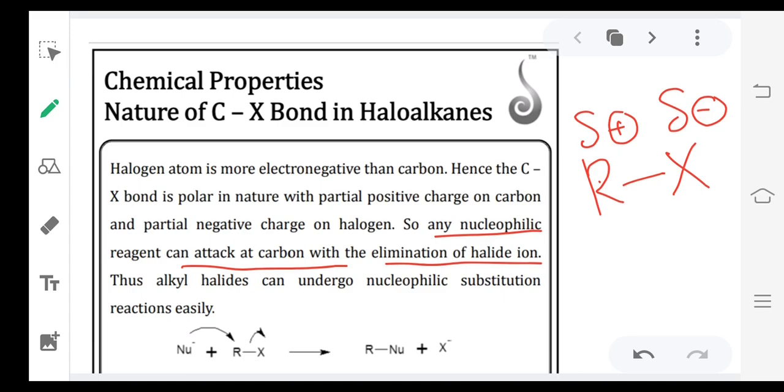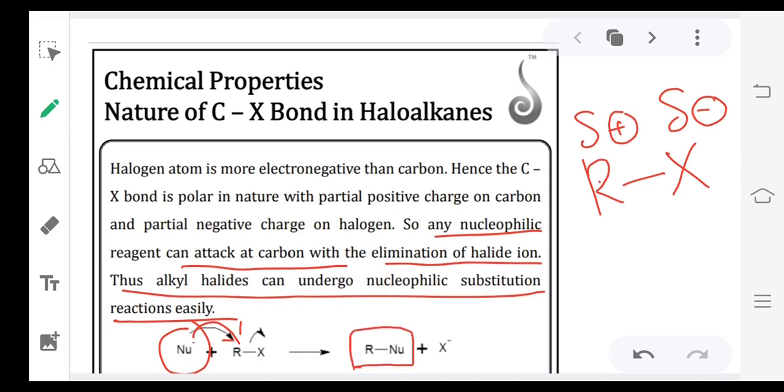Thus, alkyl halides can undergo nucleophilic substitution reactions easily. So here it is showing the nucleophile will attack on carbon, then the halogen will be eliminated as X minus, and you will get the R-Nu product, with X minus eliminated.